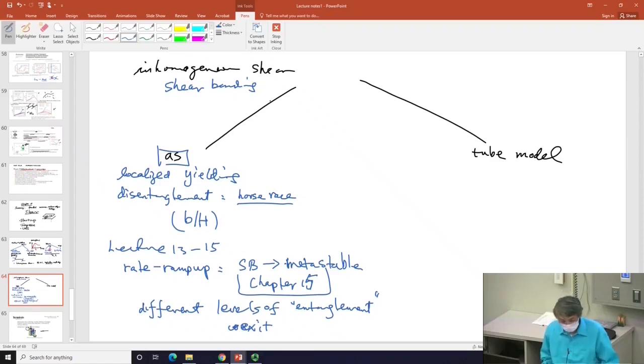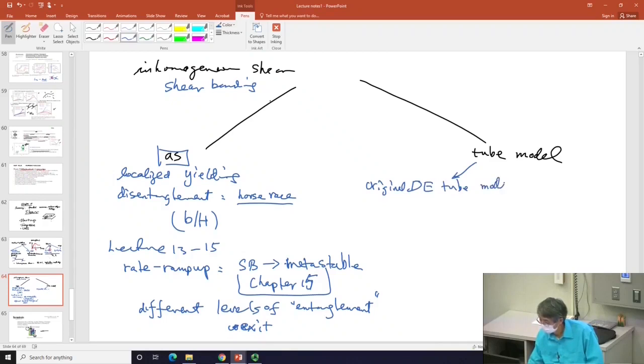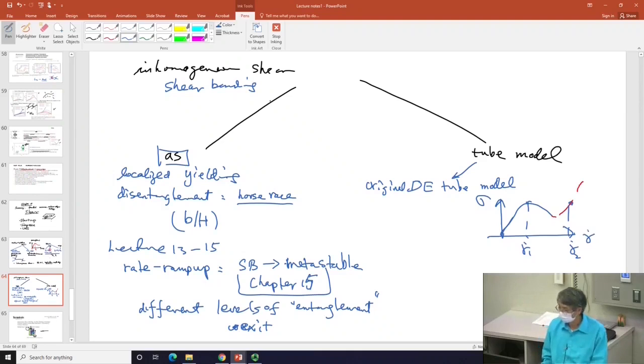And of course, you should know that the tube model, this is the fascinating thing, right? The tube model in the beginning, the original Doi-Edwards tube model, had the symptom of stress over rate being non-monotonic. So this implies that there will be a scenario where you could have two shear rates locked up there.